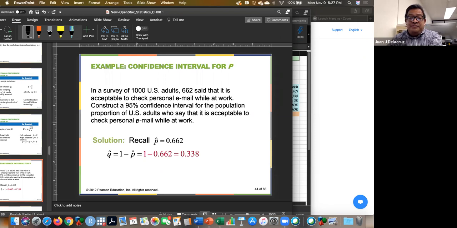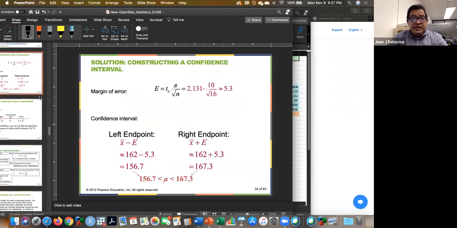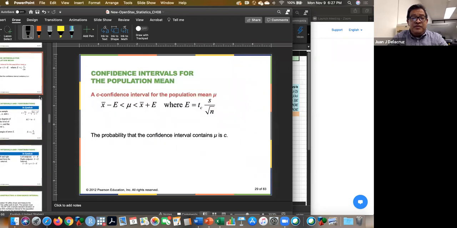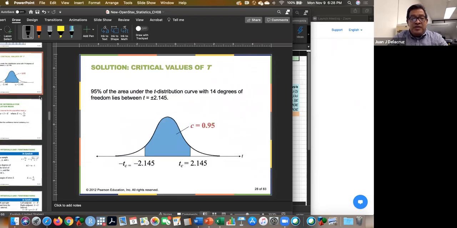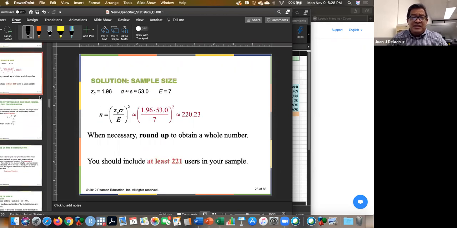So we have a formula that is used for finding the sample size for the population mean. Let me find it. Somebody was asking me about that. So this is the formula for finding the correct sample size when we are estimating the population mean.